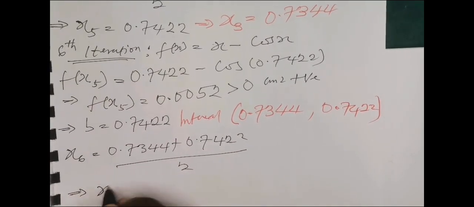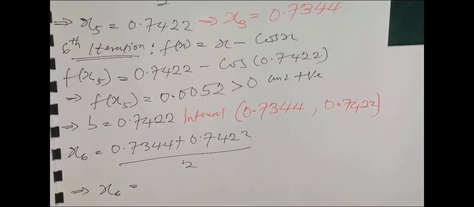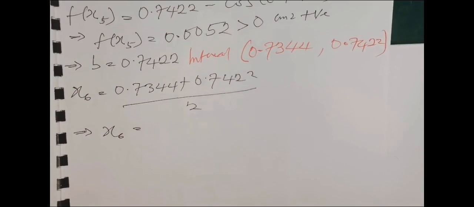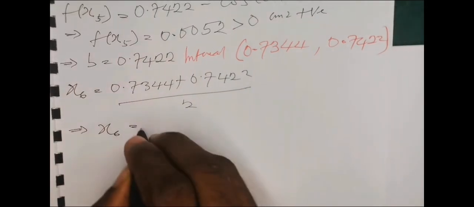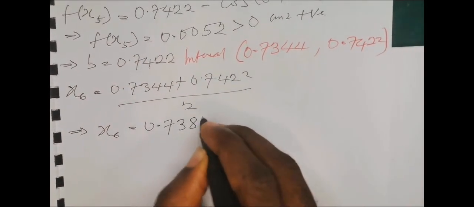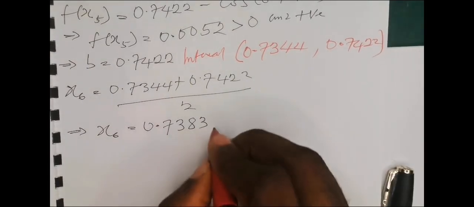So let's find this value and see. 0.7344 plus 0.7422 divided by 2 gives us 0.7383. So we have s6 equal to 0.7383. Now let's compare this with the previous result.